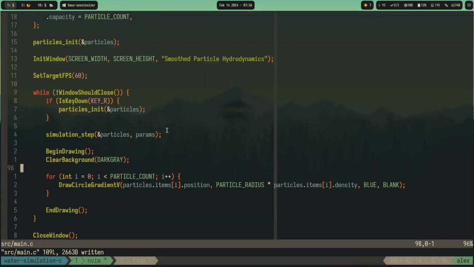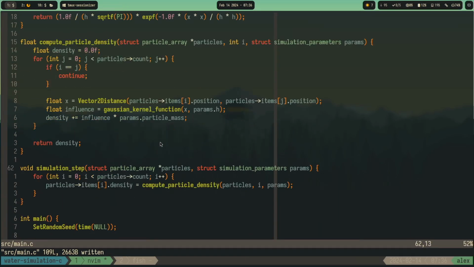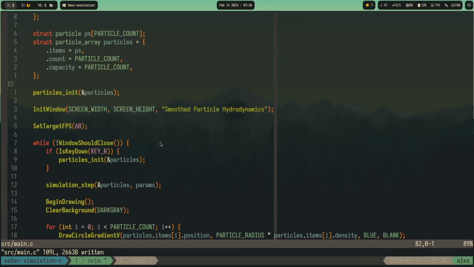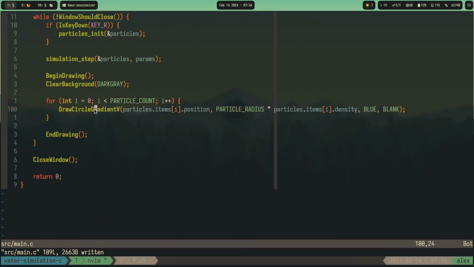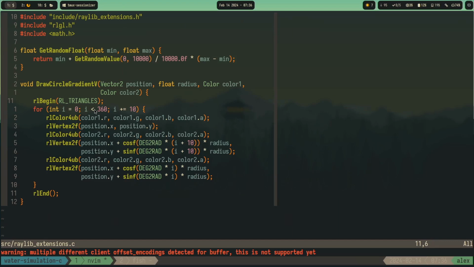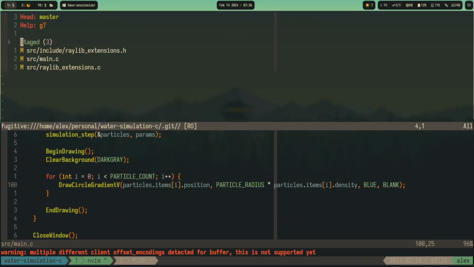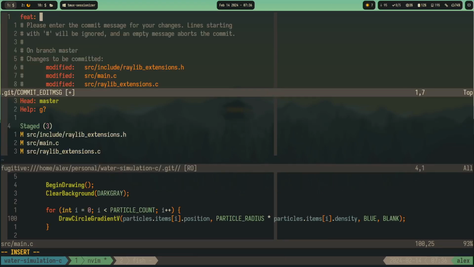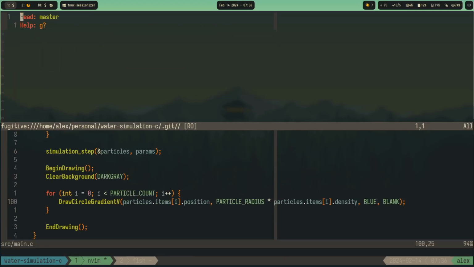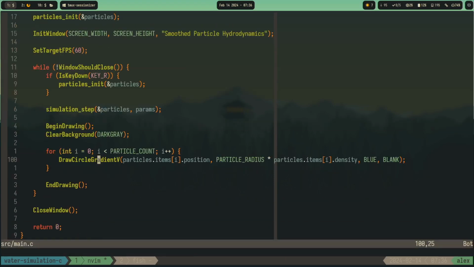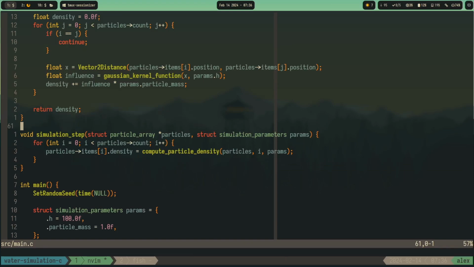So yeah, the density makes sense. I guess we can have a commit here, just to say feature display density, just in case we want to go back to this or someone wants to look at the density or something.